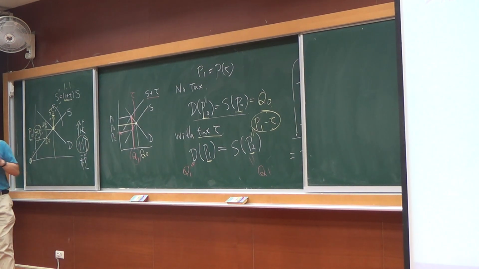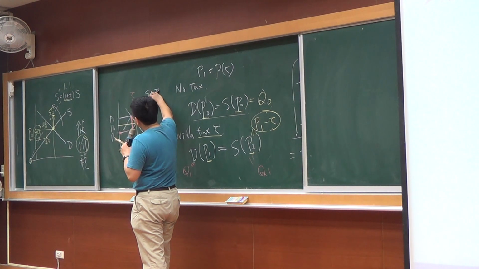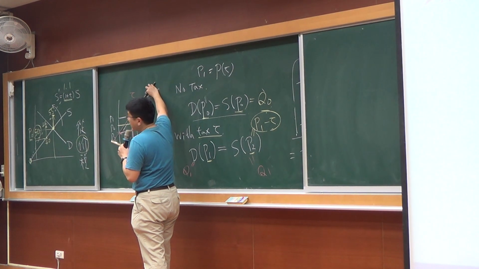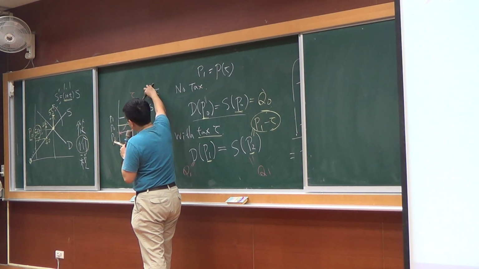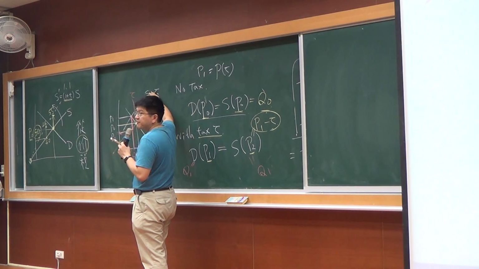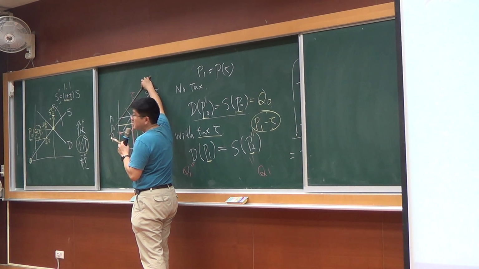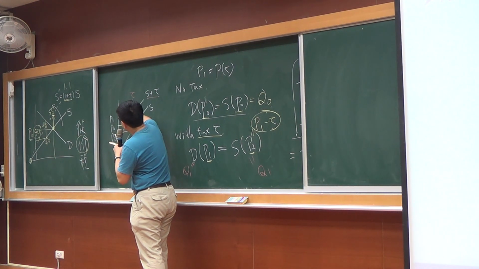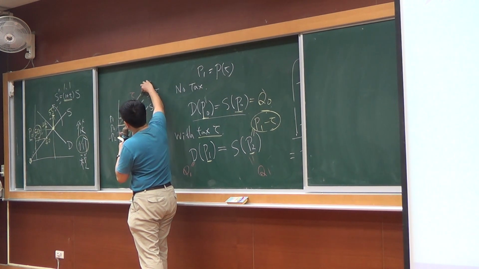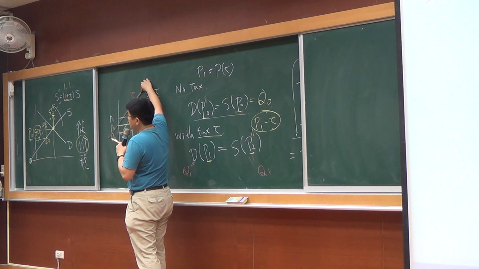So what is tau? This is the supply. When tau looks like this, in this size, then we have a P1. If we have a larger tau, the shift of the supply curve is more upward, right?